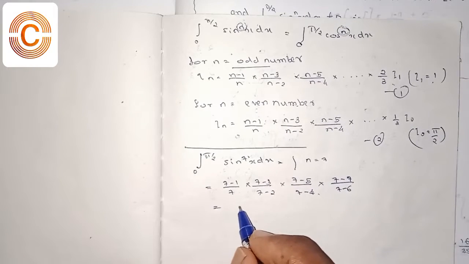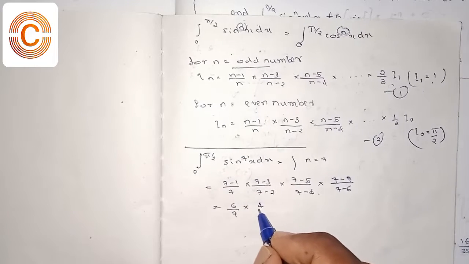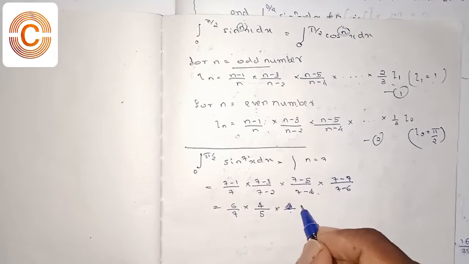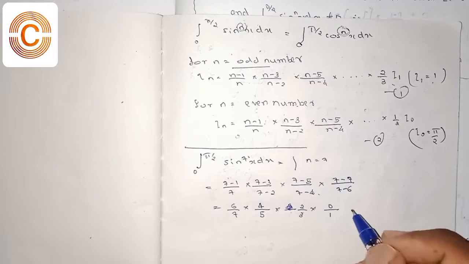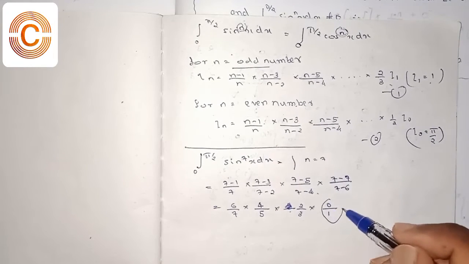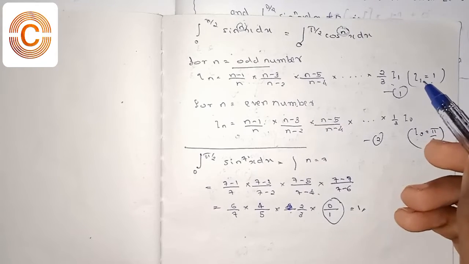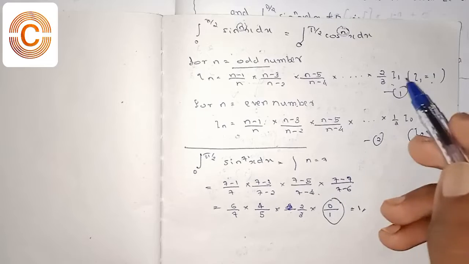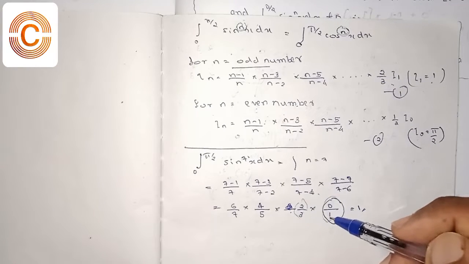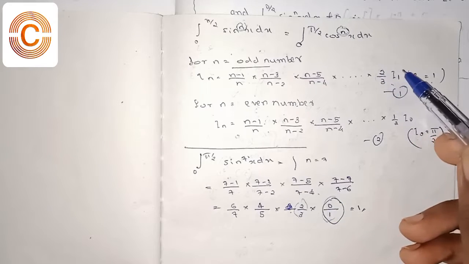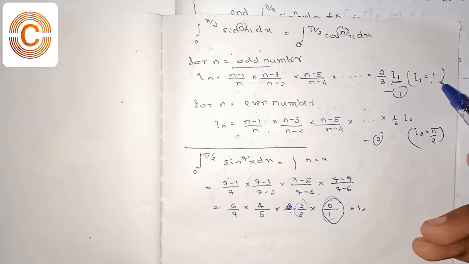The solution is equal to 6 divided by 7 into 4 divided by 5 into 2 divided by 3 into 0 divided by 1. Note that after 2 by 3 there is no need to write the 0 by 1 term, because I1 is existing there, and the value of I1 is equal to 1.